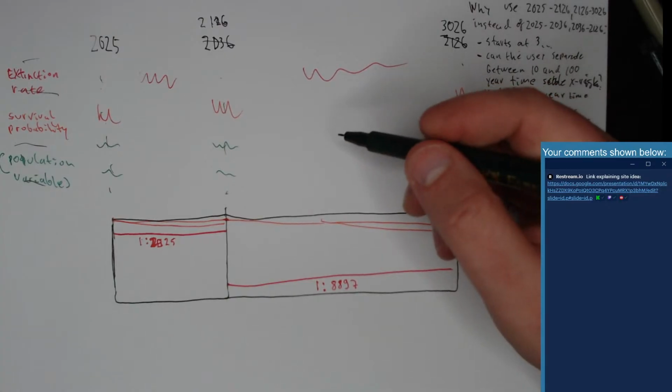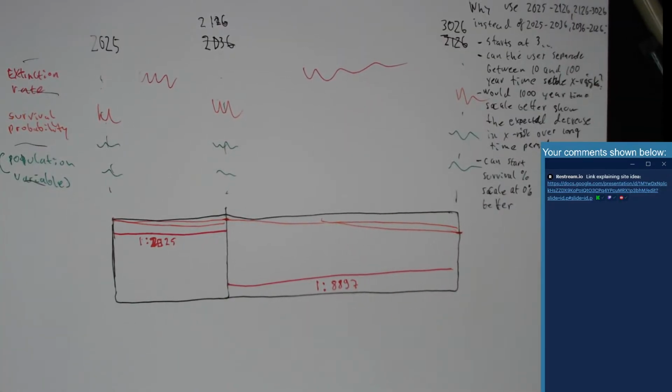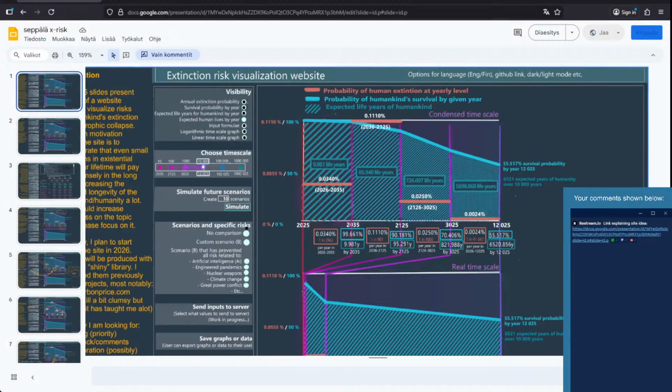And then there's always the tricky issue with this: how do I make this population into a graph? I've never been very satisfied.